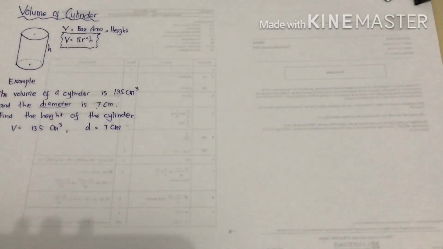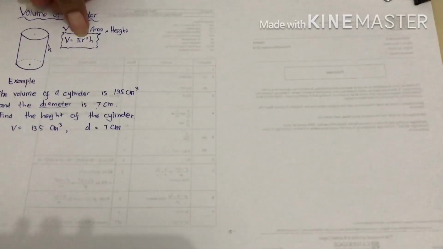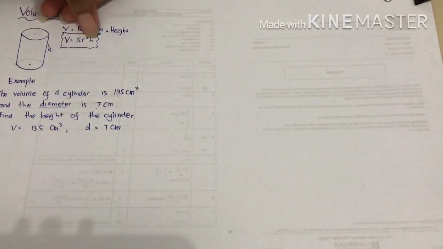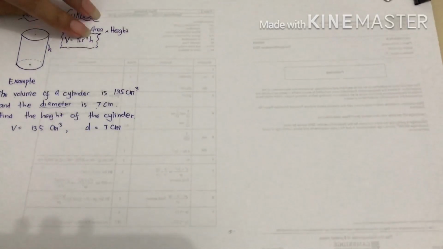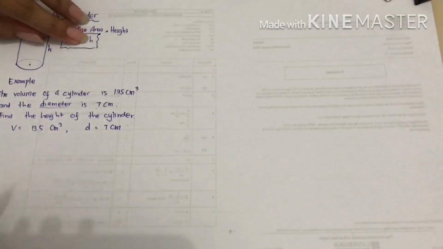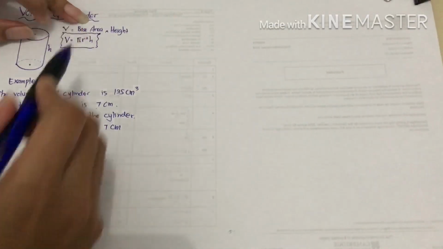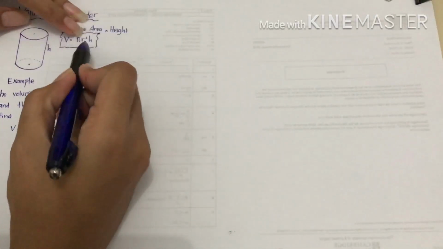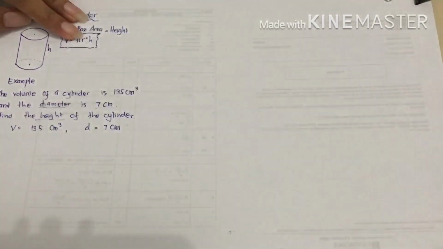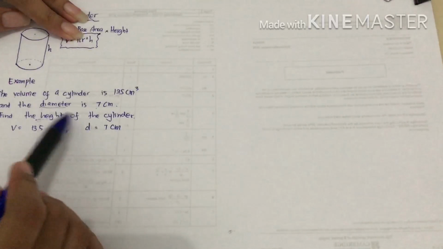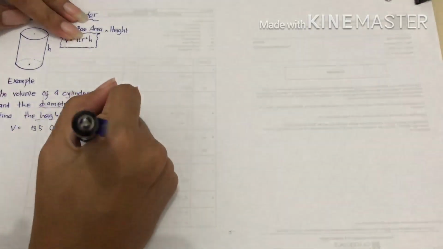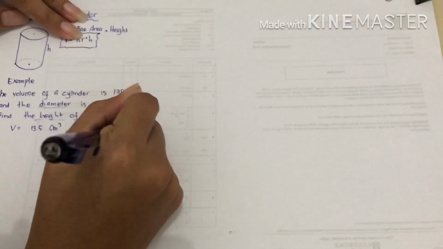We have volume, it means we just use the formula of volume, pi r square times height, where we want to find height, right? Do we have radius? We don't have radius, but we have diameter here. So we can find radius equals 3.5 centimeter.